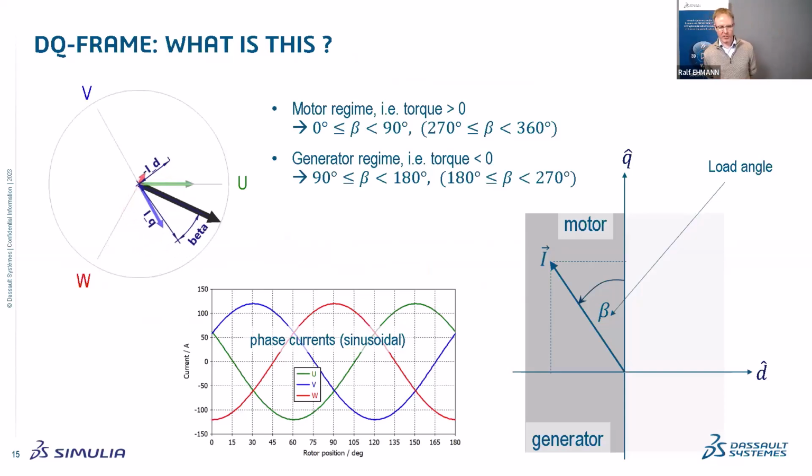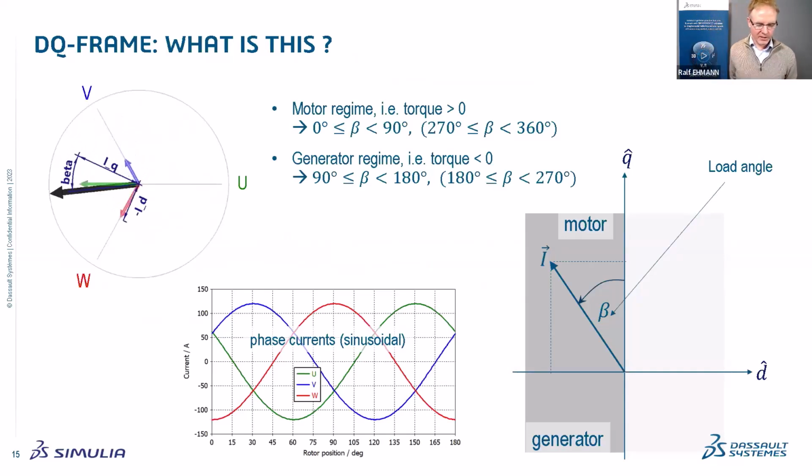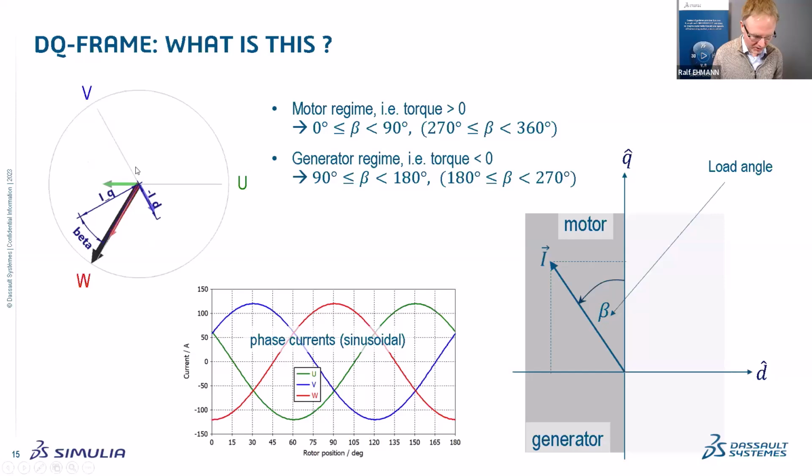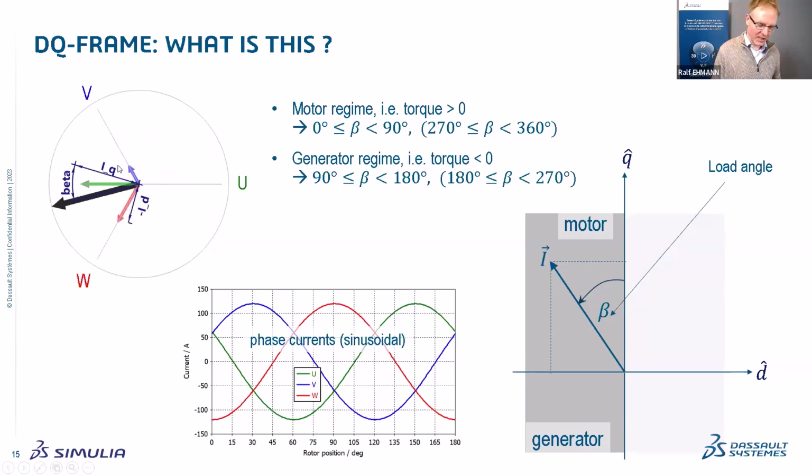Okay, just for some of you who maybe are not so familiar with the DQ frame, I just want to give a brief understanding. So when you have a three-phase sinusoidal system, and you look here on the plot on the left, you have UVW phasors, and look at the change in the amplitudes over time, and you sum it all up, vector summation, you find out that you have a current vector which is rotating in a plane.